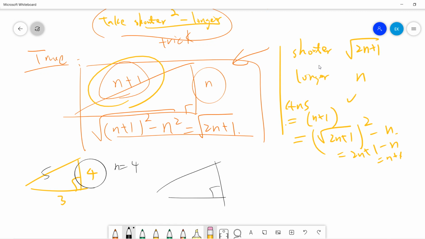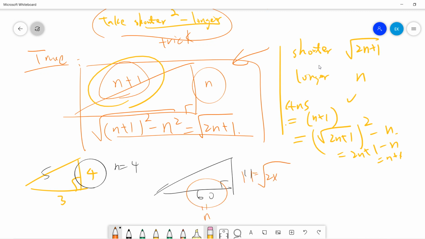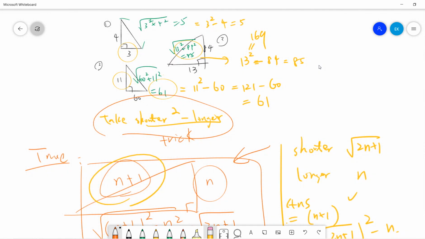For the second example, 60 and 11, n is 60. It's easy to check that 11 is the square root of 2 times 60 plus 1, which is 121. And then n plus 1, where n is 60, is 61. So this one also works.